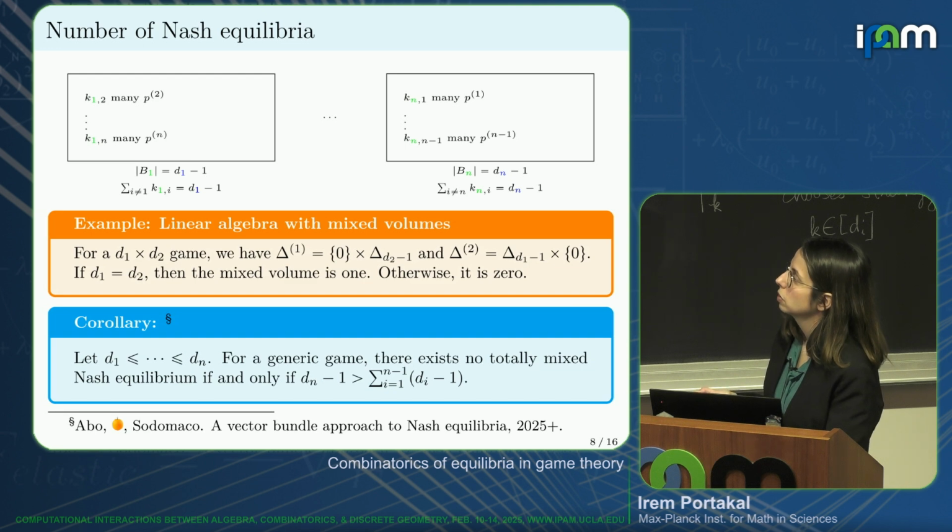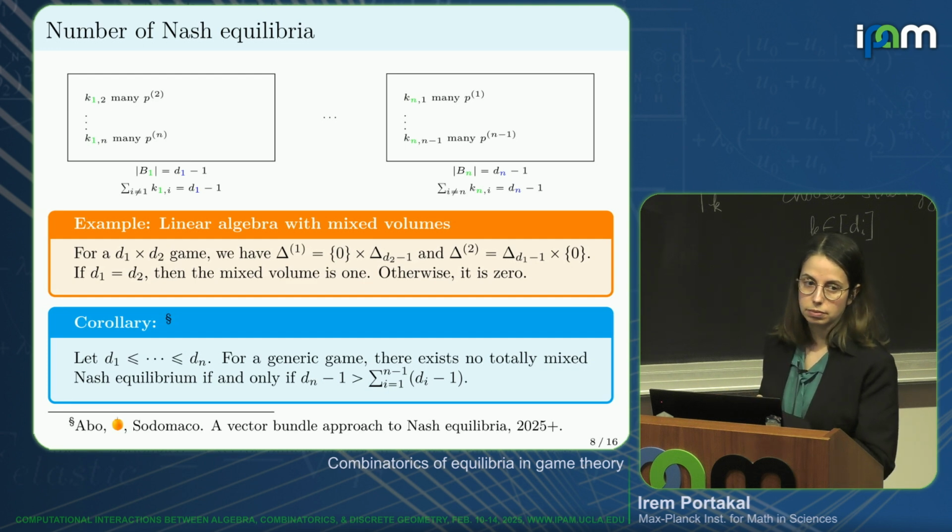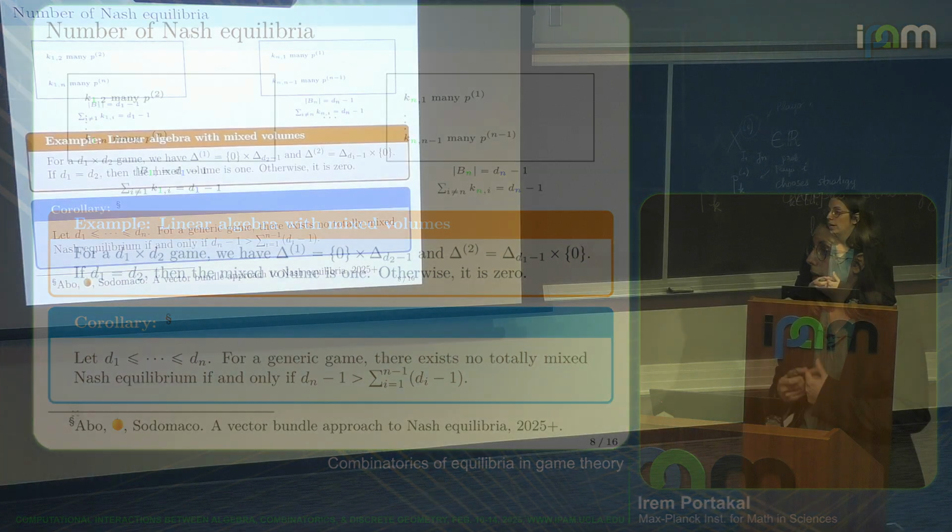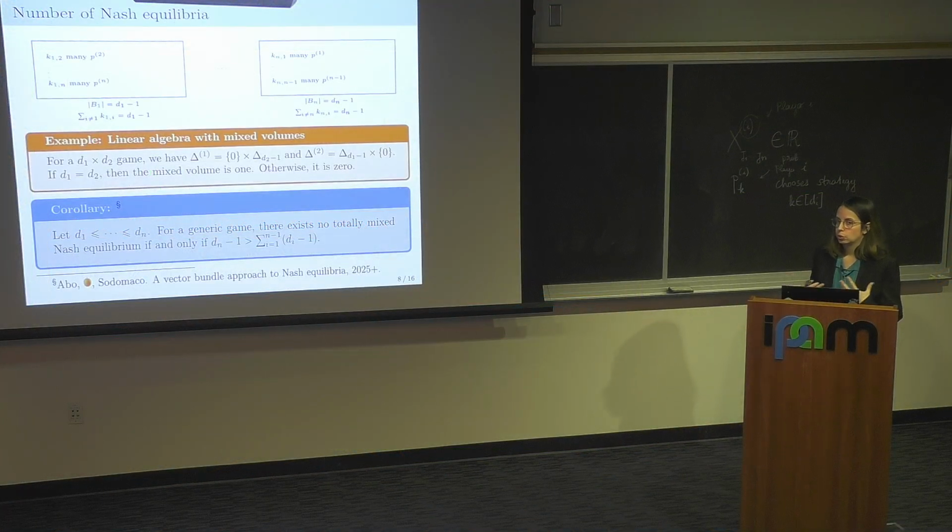So the nth box will have the dn minus 1 variables, but it cannot have any variable with an upper index n. If you have a game where each player has 2 strategies, that's going to be exactly the number of derangements of a set from 1 to n. This is like a nice combinatorial formula.